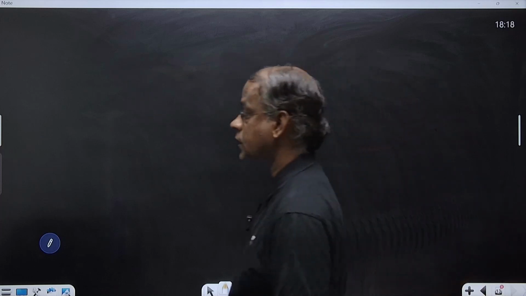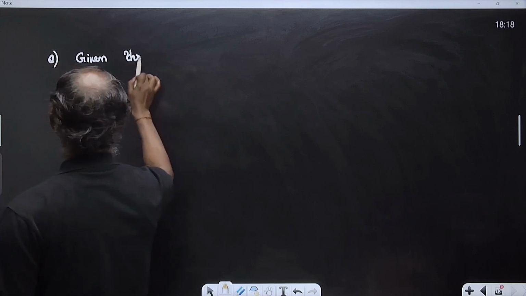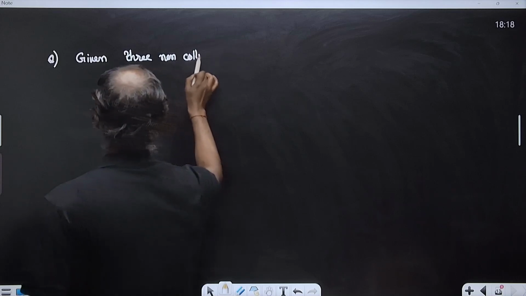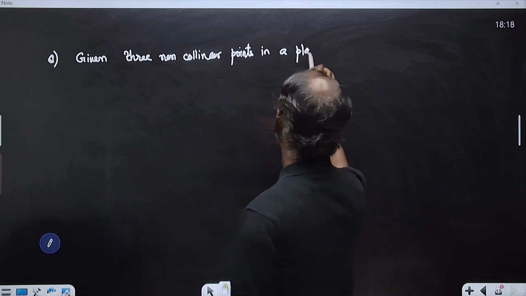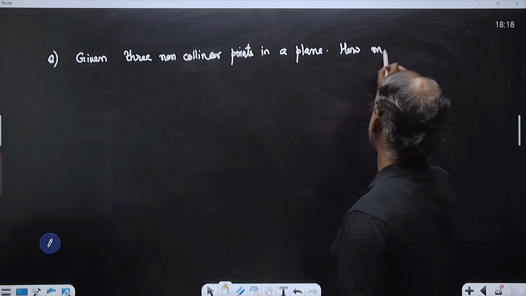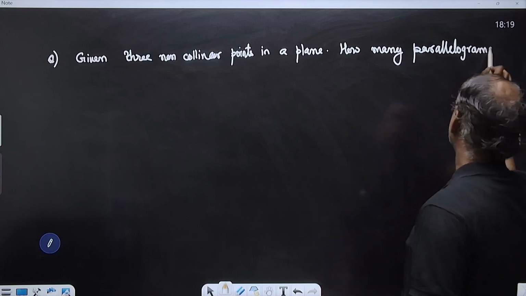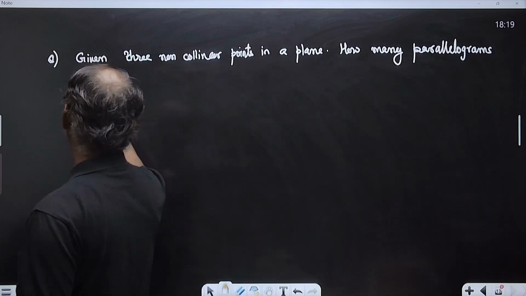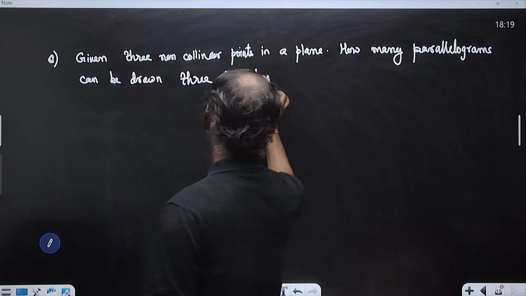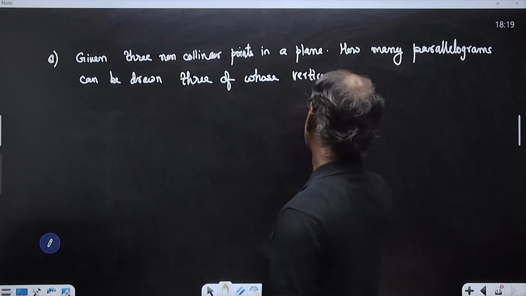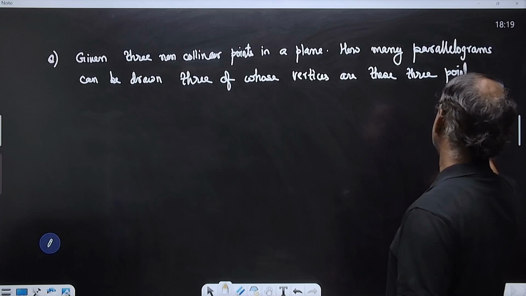Now moving ahead. Suppose I would say, given 3 non-collinear points in a plane, how many parallelograms can be drawn three of whose vertices are these 3 points?